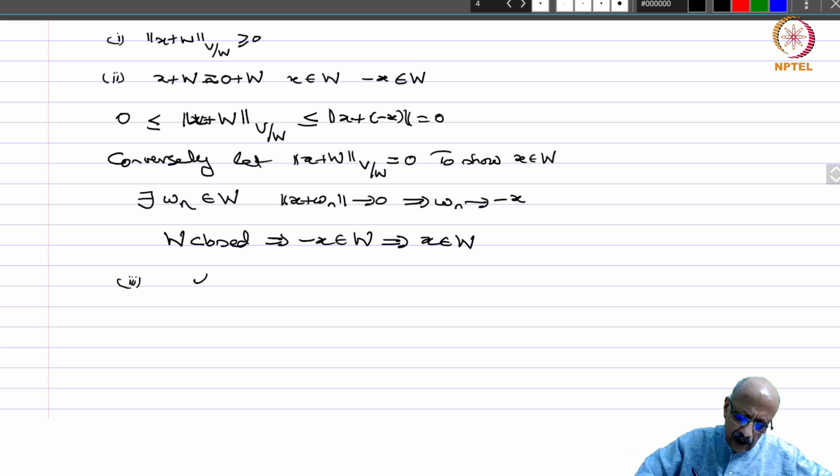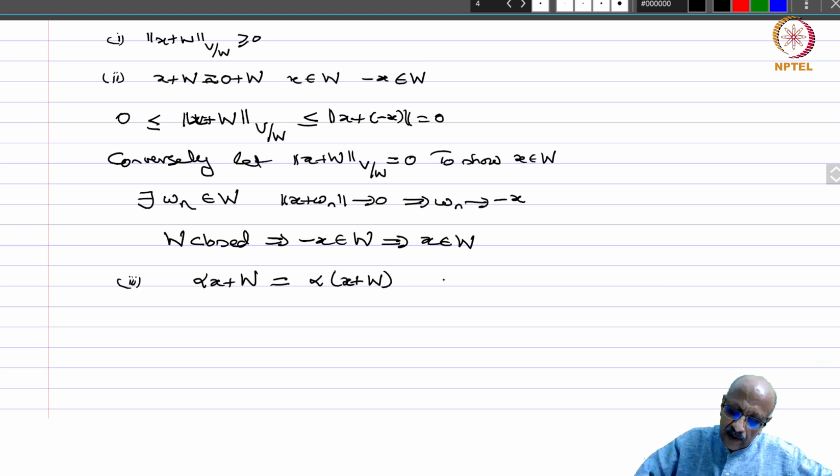So if you take alpha x plus w, if alpha is 0, this is a 0 element, so there's nothing to do. So let us assume alpha is not 0, and therefore this can be written as alpha times x plus w again.